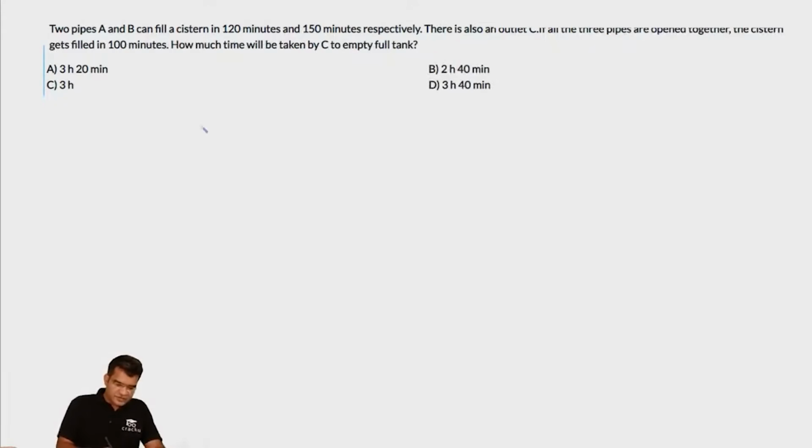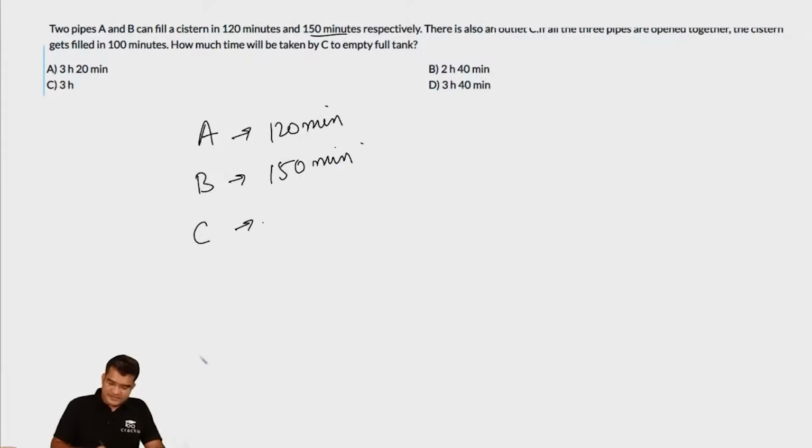In this question, we are told that A can fill a tank in 120 minutes. B can fill the same tank in 150 minutes. There is an outlet tap C, and if all the 3 pipes are open together, that is, A open, B open, A and B are filling and C is emptying, then the tank will be filled in 100 minutes.